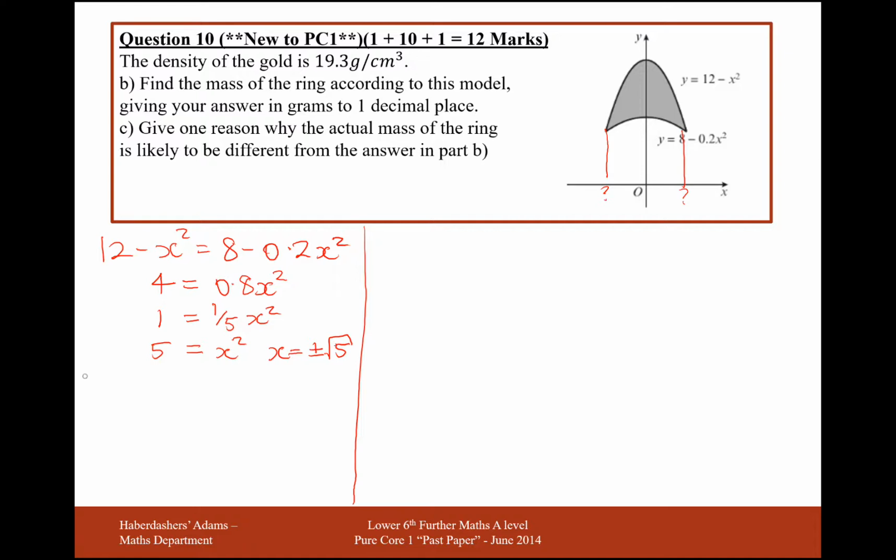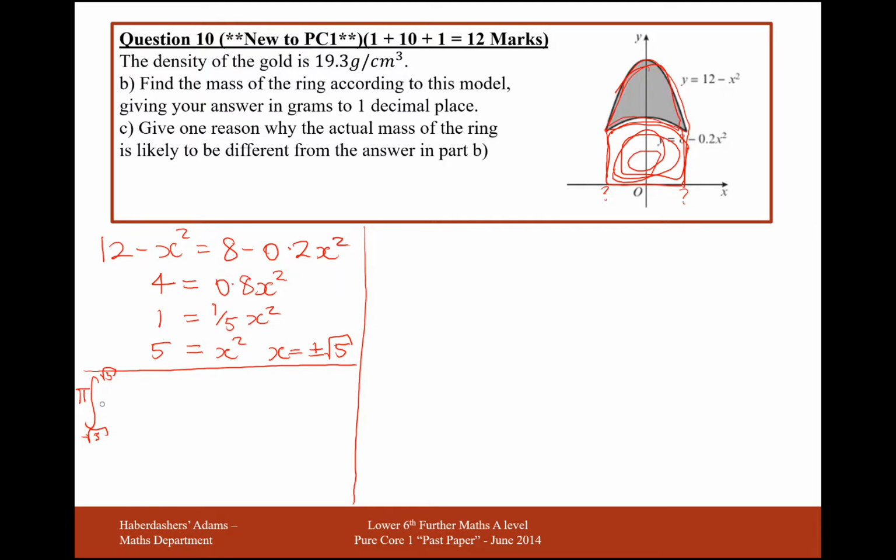Great, so what we need to do now is our integration step. It's going to be pi times the boundary from root 5 down to minus root 5 of, we're going to do the top equation first to get this area here, and then we're going to take away this area here, so we're just left with this part here.